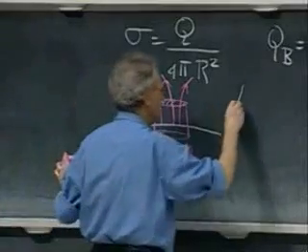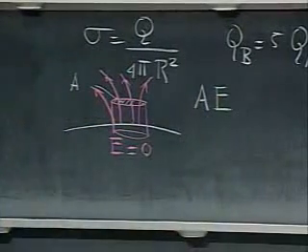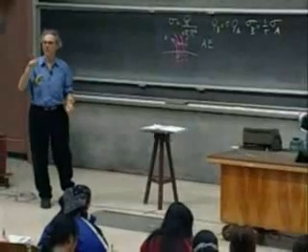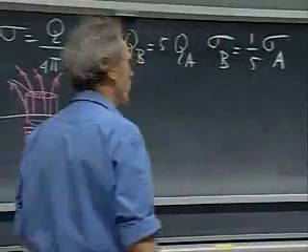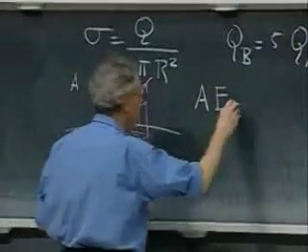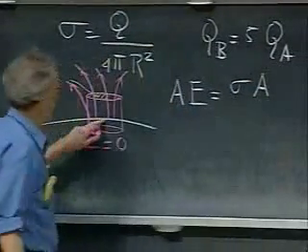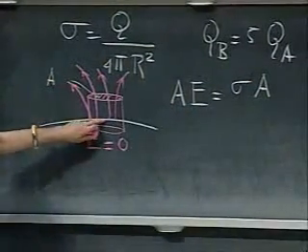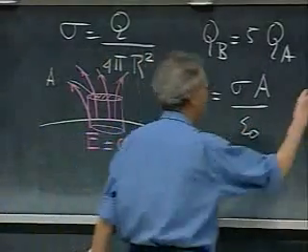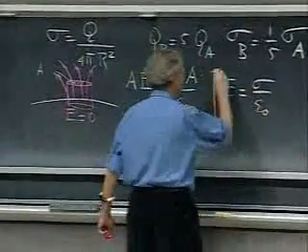And so what comes out is the surface area A times the electric field E. The A and E are in the same direction, because remember, E is perpendicular to the surface of the equipotentials. And so this is all there is for the surface integral, and that is all the charge inside. Well, the charge inside is, of course, the surface charge density times the area A divided by epsilon 0. This is Gauss's law. And so you find immediately that the electric field is sigma divided by epsilon 0.